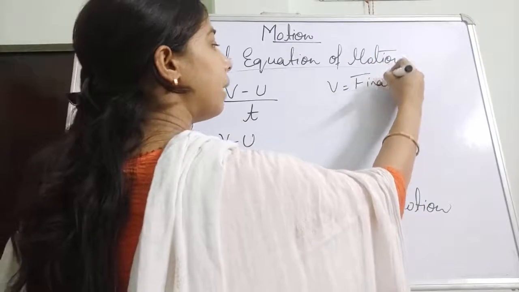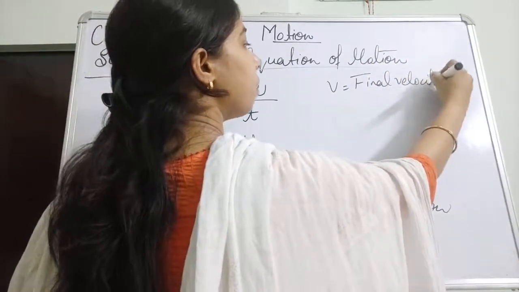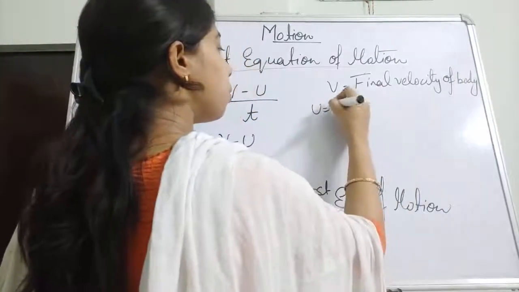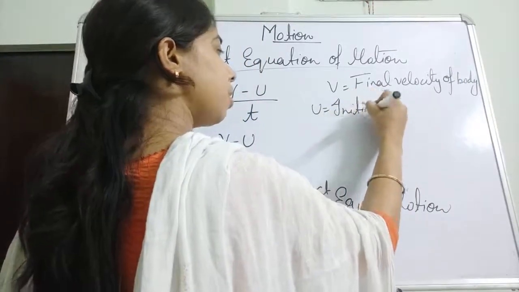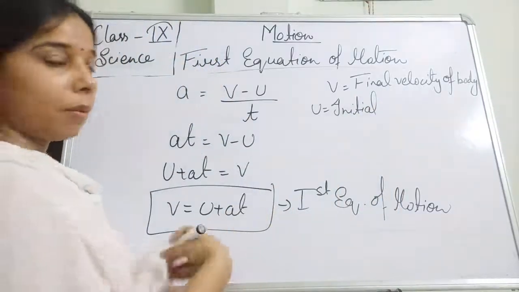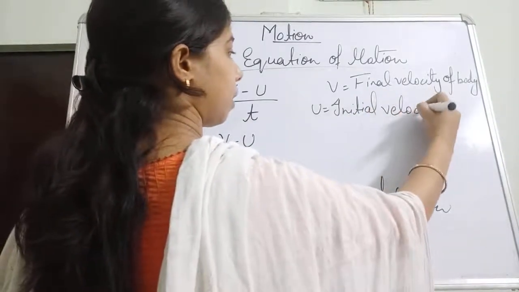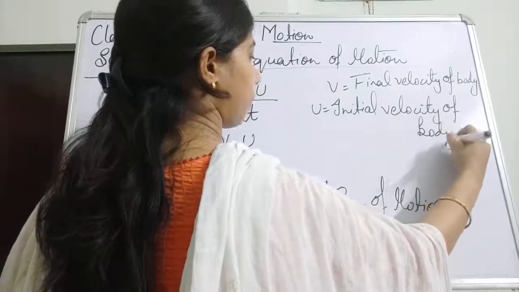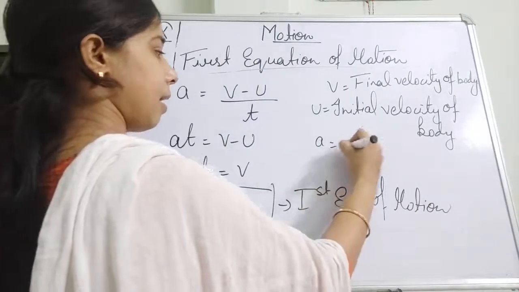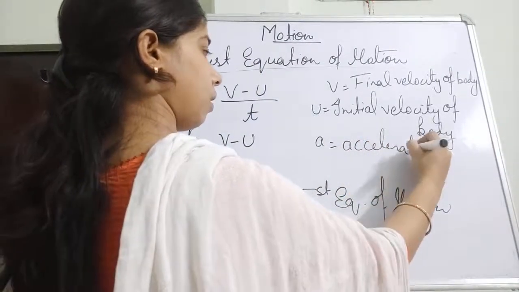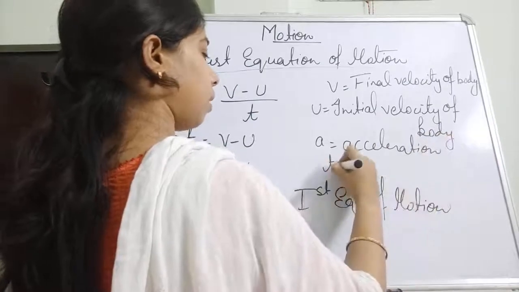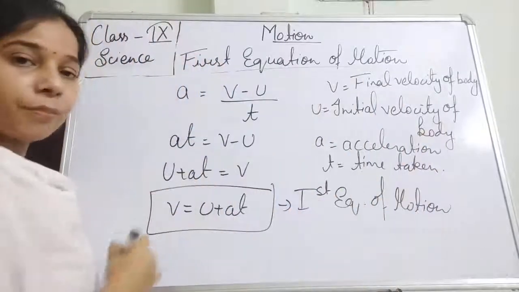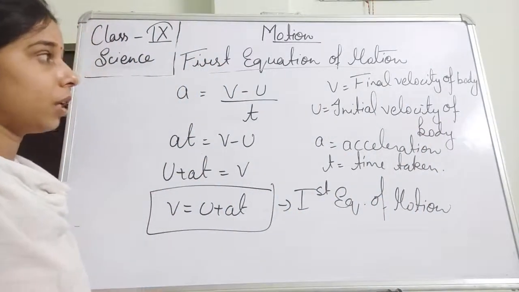Now you can write: v is the final velocity of the body, u is the initial velocity of the body, a is acceleration, and t is the time taken.